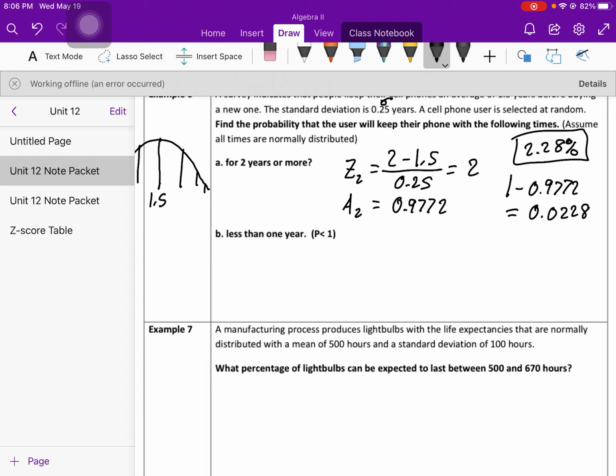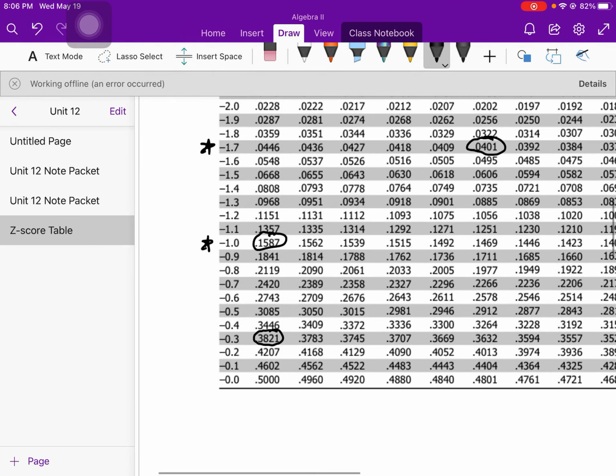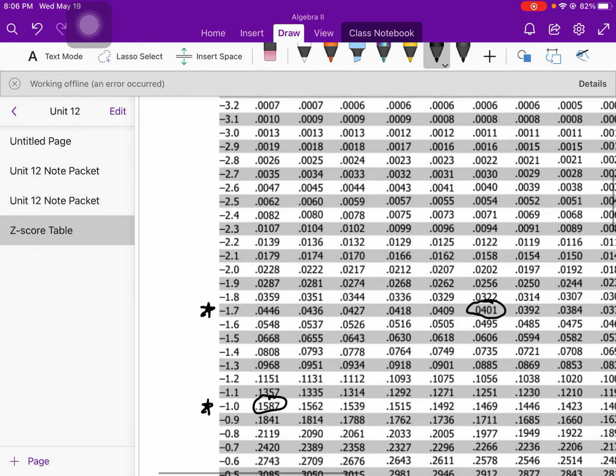And then this one, less than 1 year, p of less than 1 year is going to be z of 1, which is 1 minus 1.5 divided by 0.25, and that's going to end up being negative 2. So we're negative 2 standard deviations on the left side. Let's go back to our z table, go up to the negative ones. Negative 2 is this one right here.